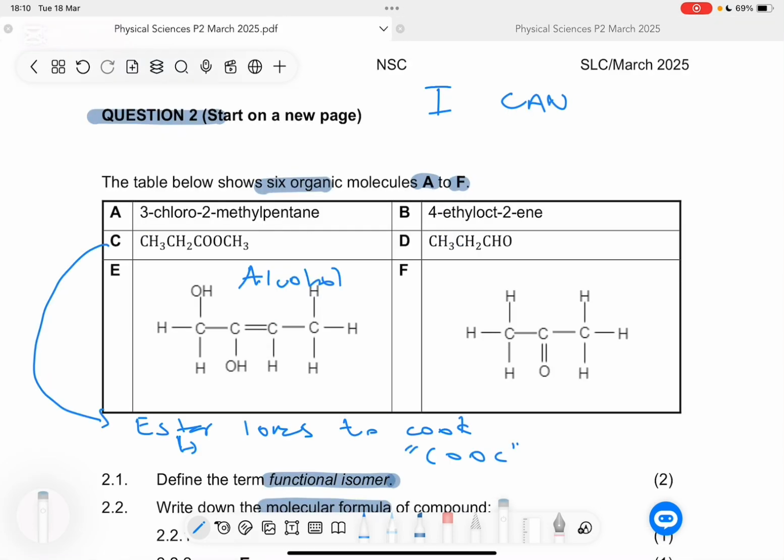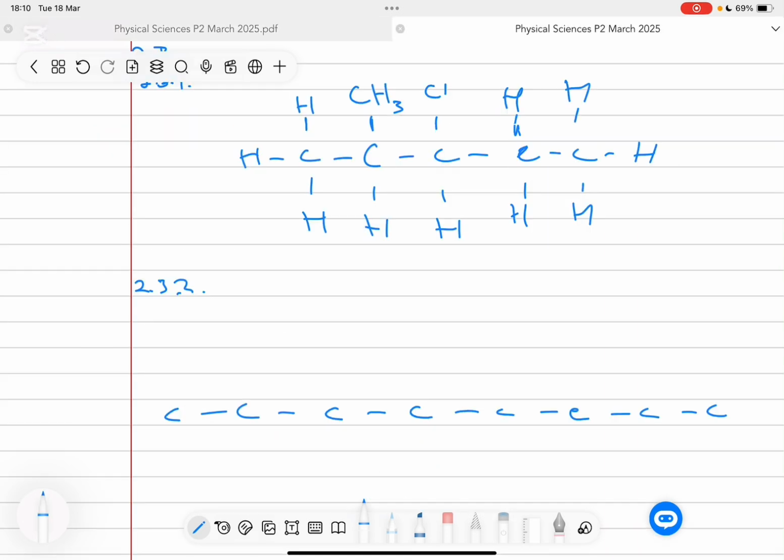But these carbons, we're saying that at position 2 we actually have a double bond, because remember, this is an alkene group. That means we have a double bond. So if I count from this side, this carbon here on the left would be my first carbon 1, and this would be my second carbon 2.